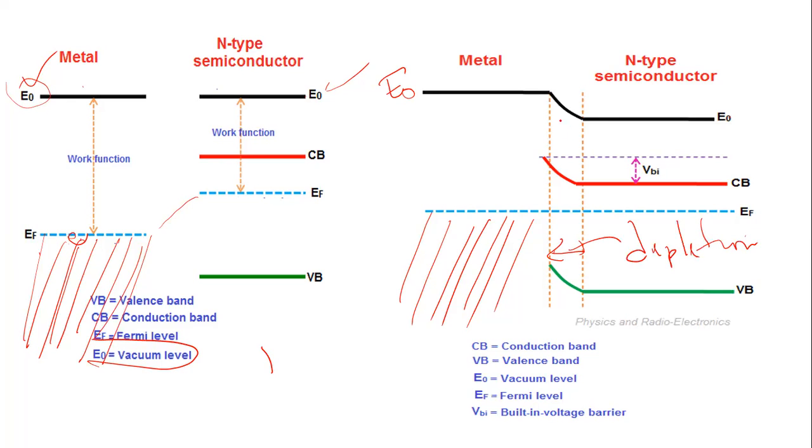So as I said, the depletion region is extending mostly towards the n-type semiconductor. On the metal, the depletion region is extremely thin, right? So this kind of band bending, valence band edge, conduction band edge, and this vacuum level bending will occur, and the Fermi energy will be aligned, right?